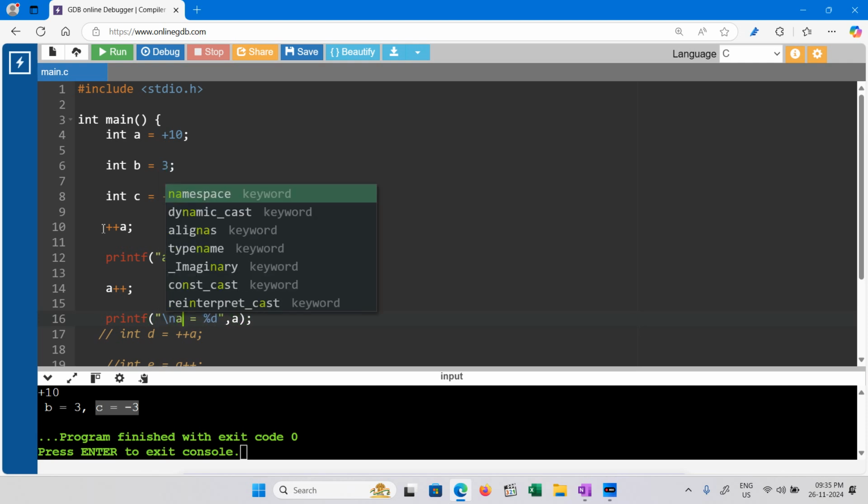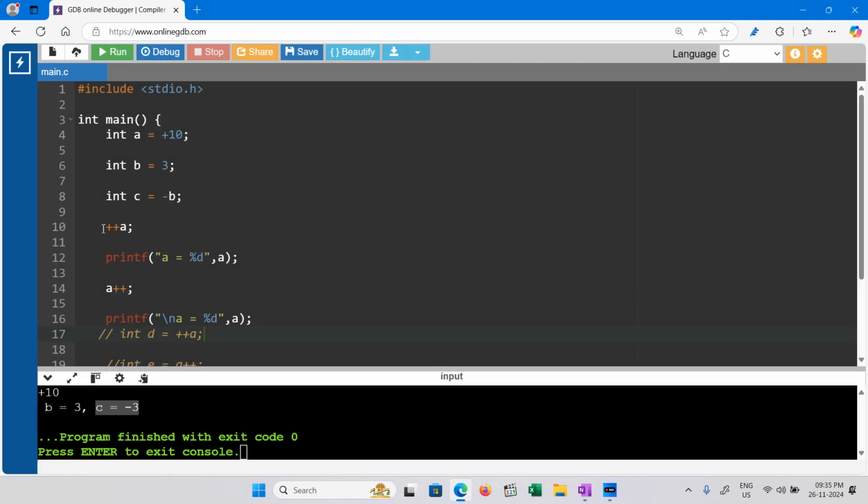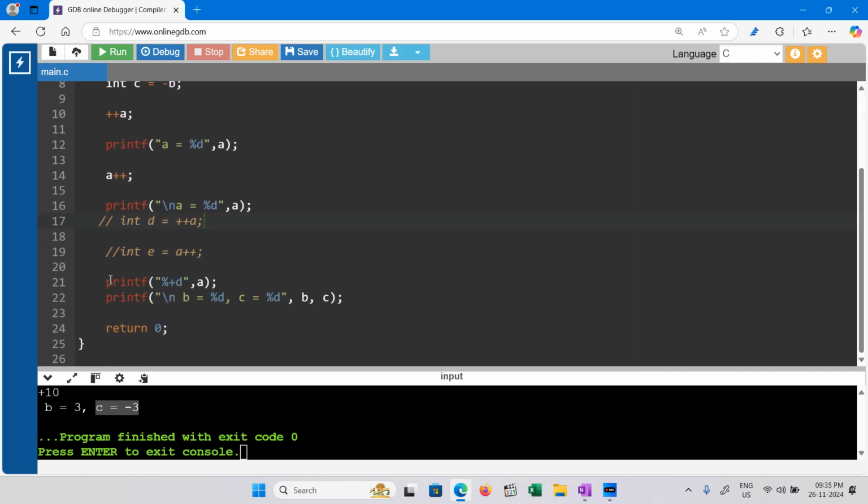Okay, now let us see how it works, and let us just put the previous printf statements in comment. We'll use them later. Let us just focus here right now.